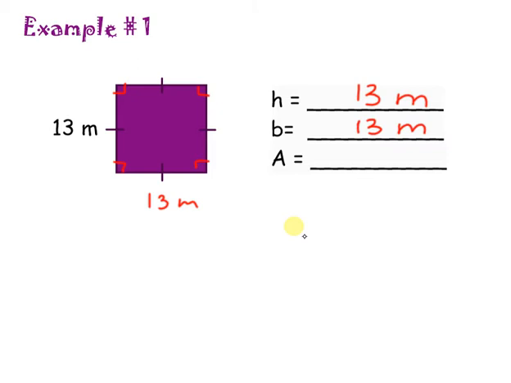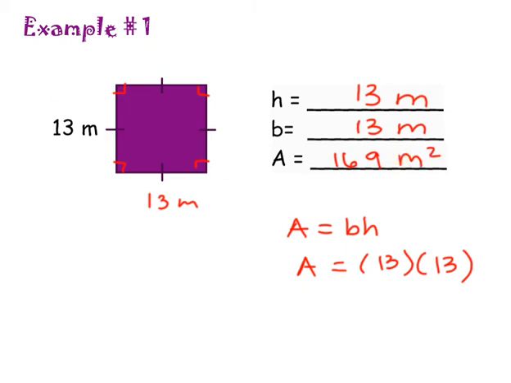Now to find the area, it's area equals base times height. So it's area equals 13 times 13. And if you use your calculator, you should get that 13 times 13 is 169. And meters times meters is meters squared.